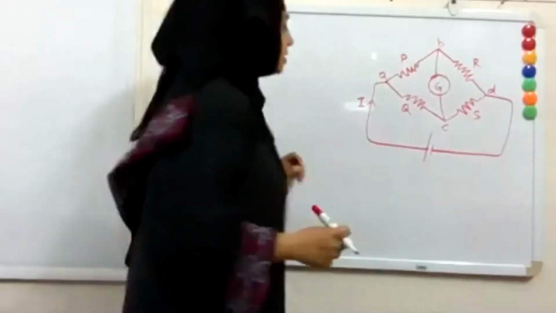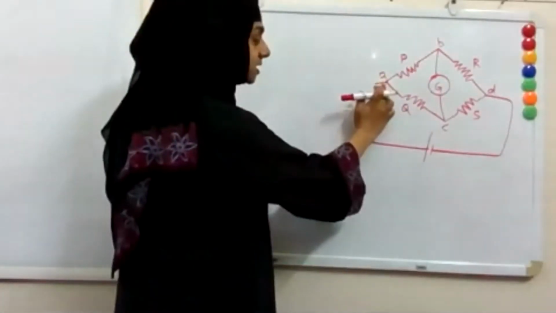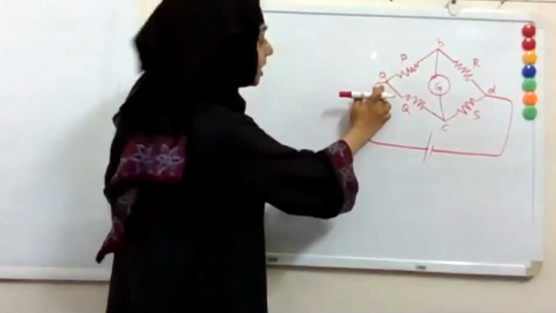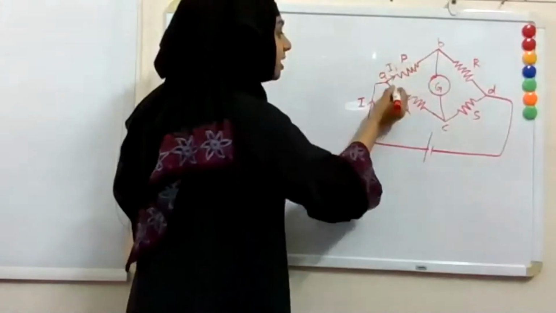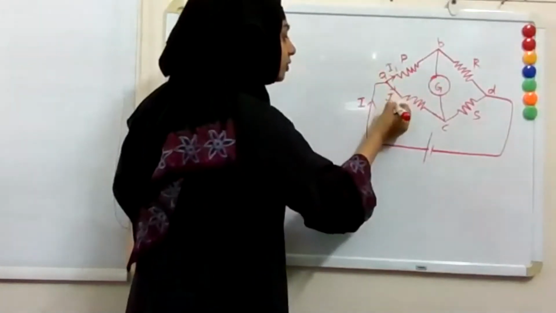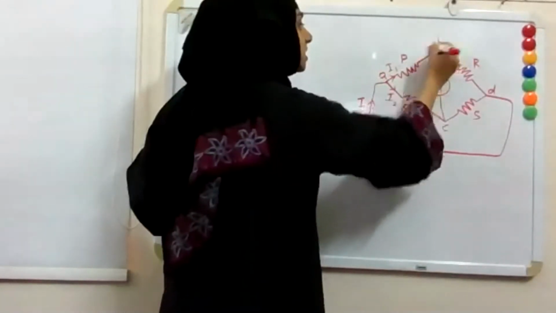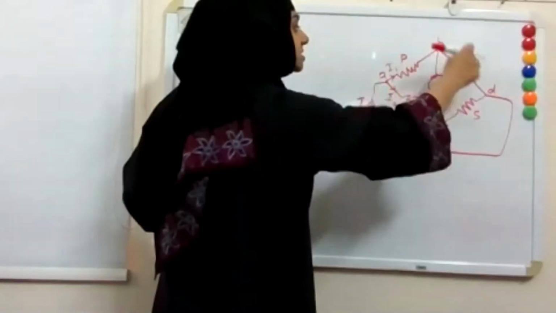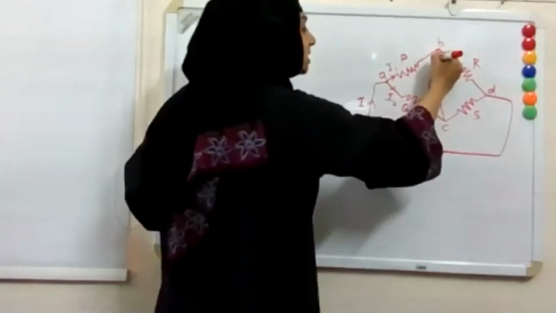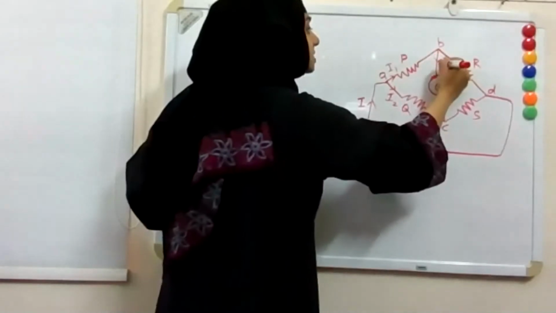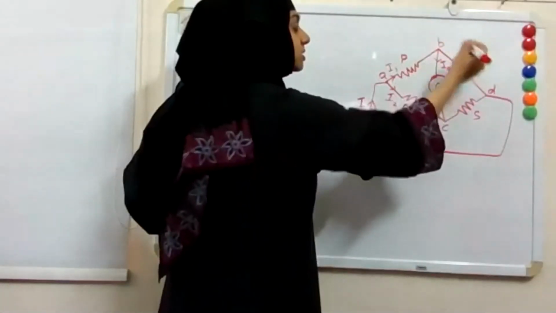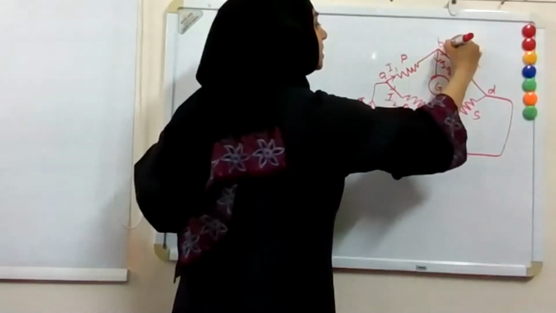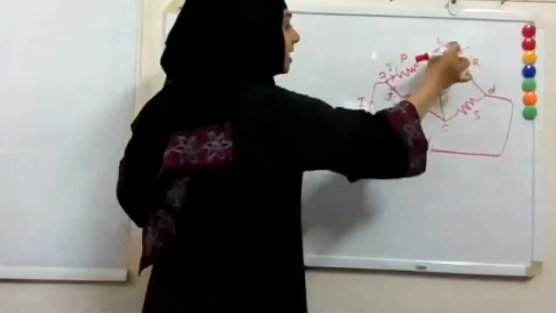Here I is the current coming in. When it reaches a, it splits into 2: I1 and I2. When I1 reaches b, it again splits into 2. Let me name the current going through the galvanometer as IG, and the current going through the resistance R as I3.